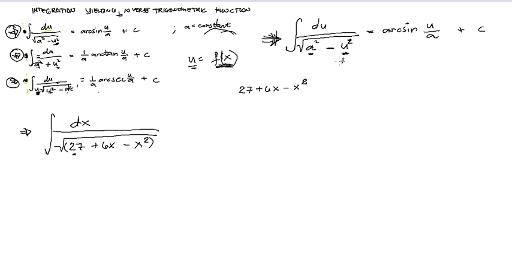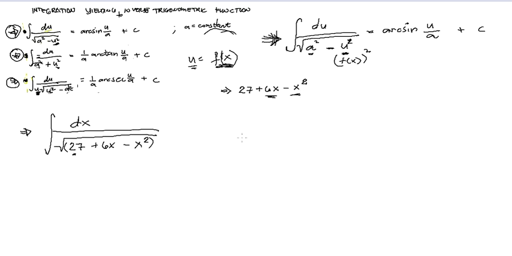We need some function of x that is being squared, and as you can see, inside the square root sign we have 27 plus 6x minus x squared. The function of x there, maybe we can find between these two terms with x, which is positive 6x minus x squared.